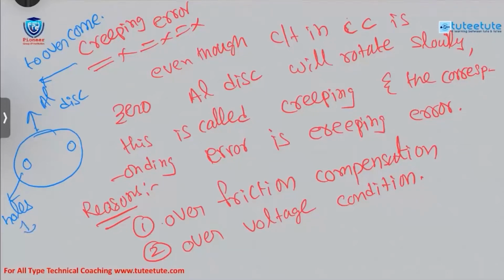Because of these holes, reluctance will increase. Reluctance increase means flux decreases, and flux decrease means speed will decrease. By making two holes in the aluminum disc, they reduce the speed. Whenever we have air gaps, the reluctance will be more; higher reluctance means flux will decrease, and flux decrease means the speed of the disc is going to decrease.